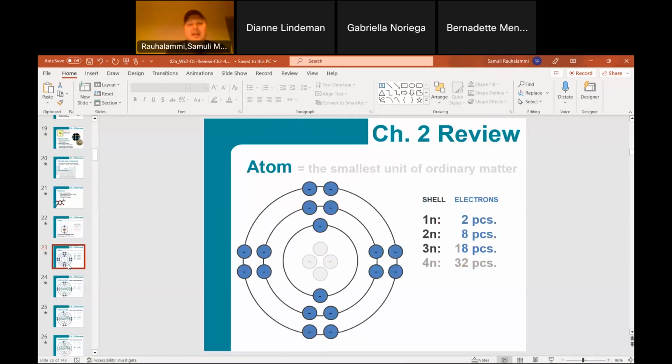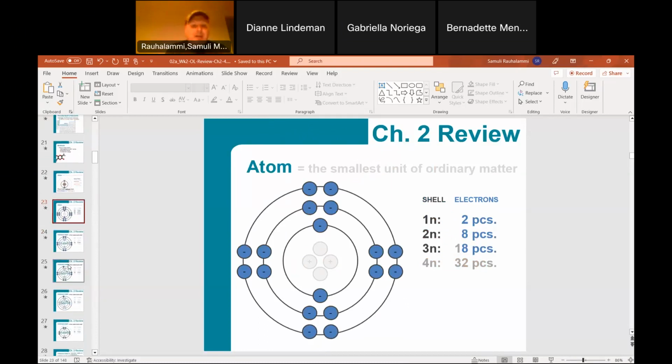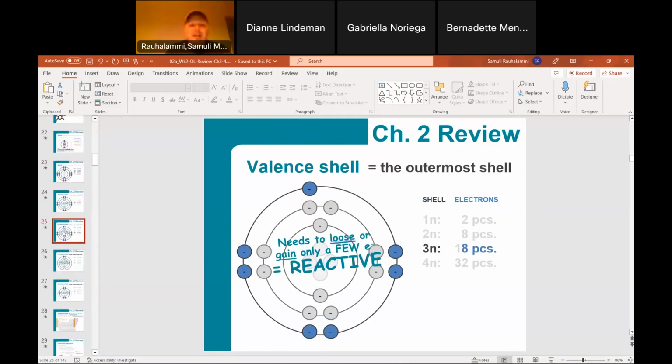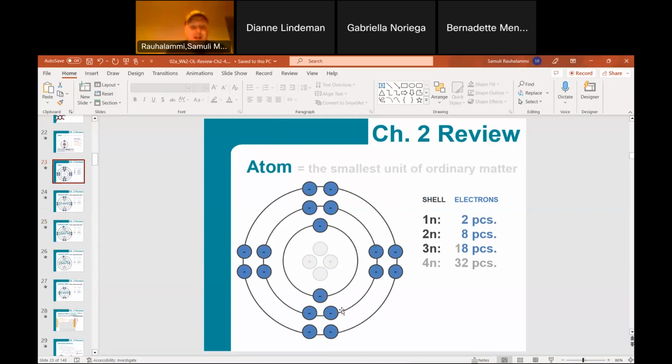So there are different number of electrons around different atoms, and really what we're trying to do, or what atoms are trying to do, is to have a full outermost shell as much as they can. So we're only focusing on the outermost circle.